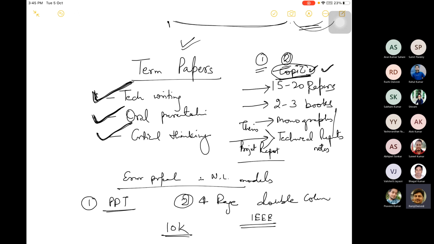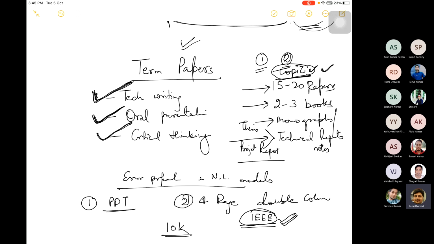But if you have explored certain term papers well, you have the chance to publish your conference paper also. And for that, writing is very important, and that's why the IEEE double column 4-page content is good enough to enhance your writing skill, as well as get accustomed to how conference papers or technical journal articles are written. Okay?